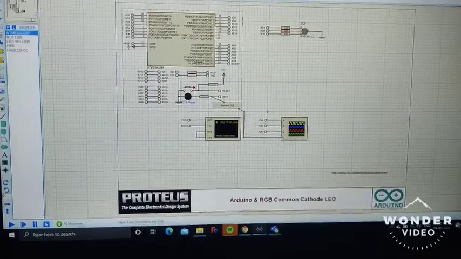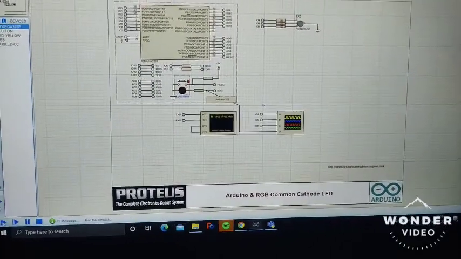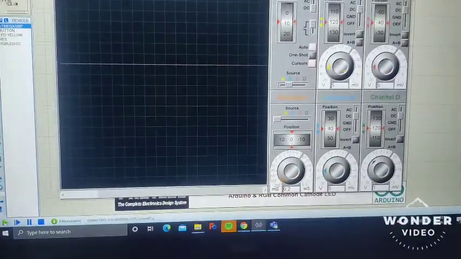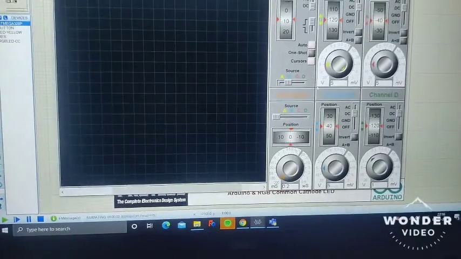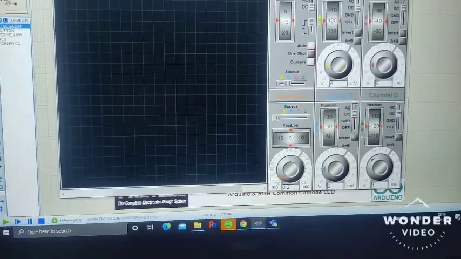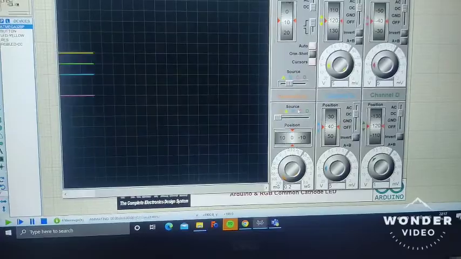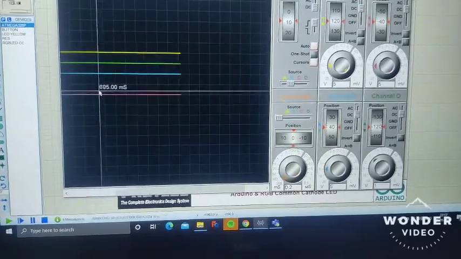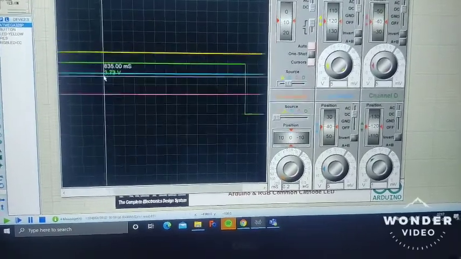Okay, now let's run our given simulation. This is the virtual oscilloscope and we have arranged all the values to DC. Here you can see these square waves coming.